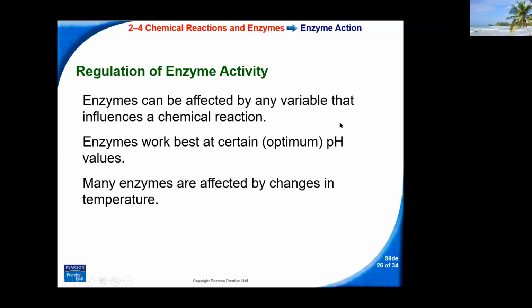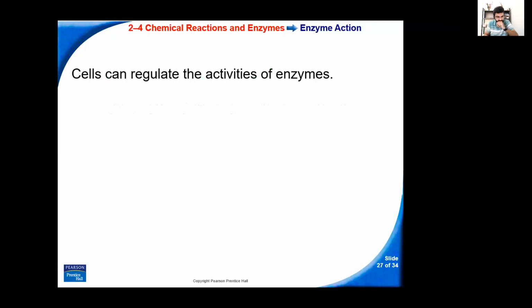Many enzymes are affected by change in temperature. So each enzyme has an optimum pH, and enzymes are affected by change of temperature, okay? But we should understand how exactly. Cells can regulate the activities of enzymes.